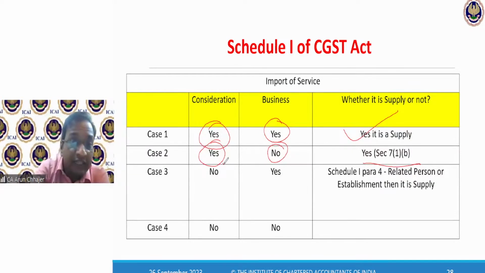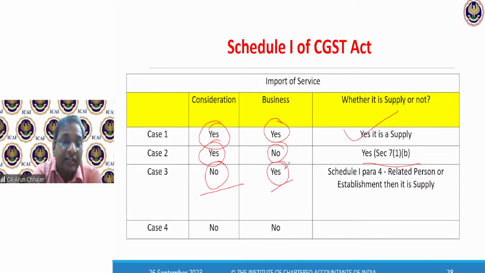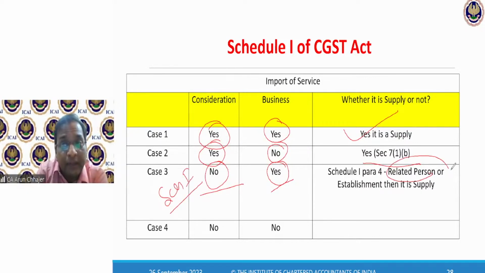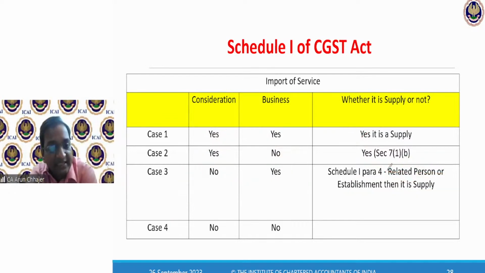Correct? Now, the third situation: there is no consideration, but business is there. Will it be a supply? You have to refer to Schedule 1. It says, if the supplier is related or the company's other establishment, then it is a supply, otherwise no supply. Last condition, suppose there is no consideration and there is no business. It cannot be the supply.